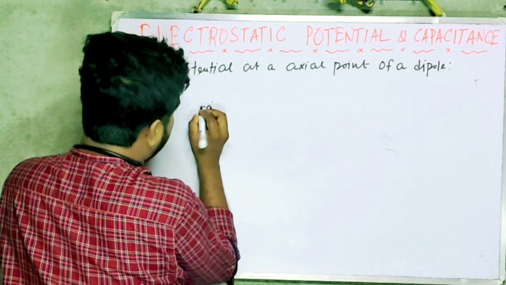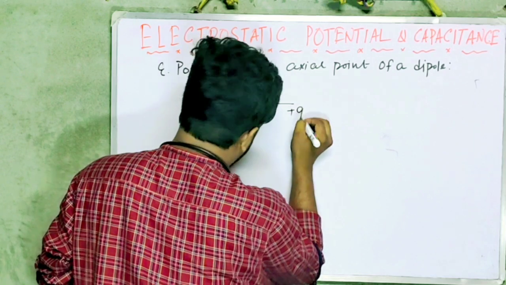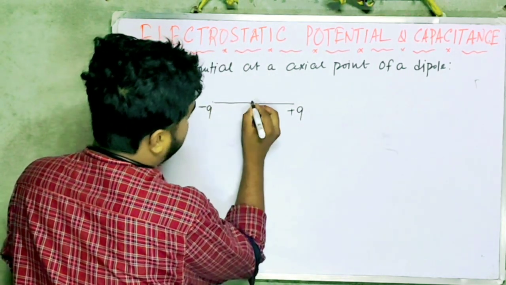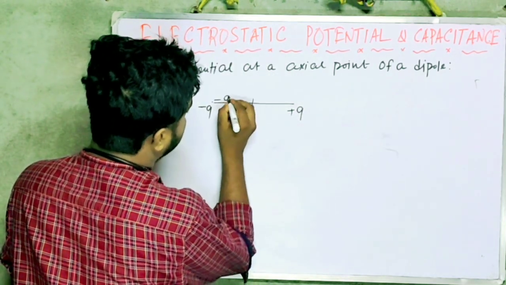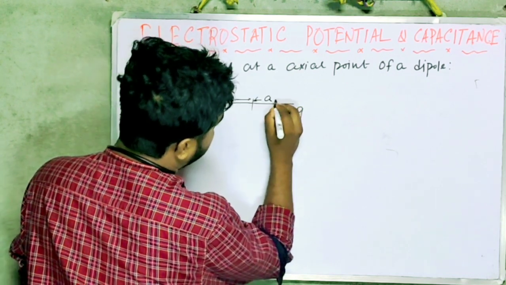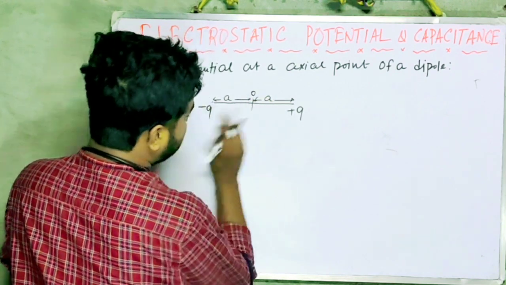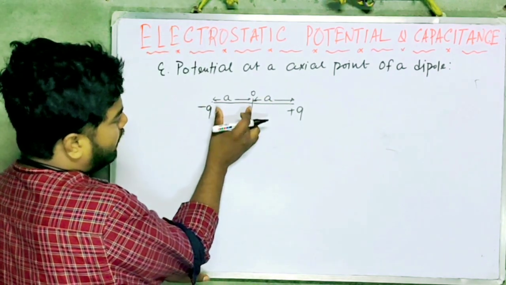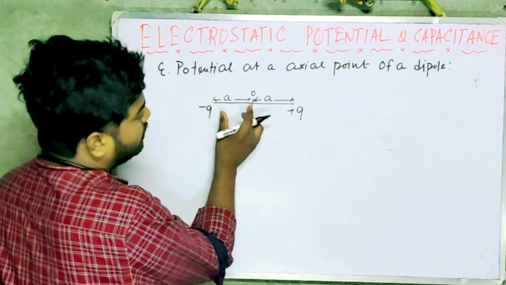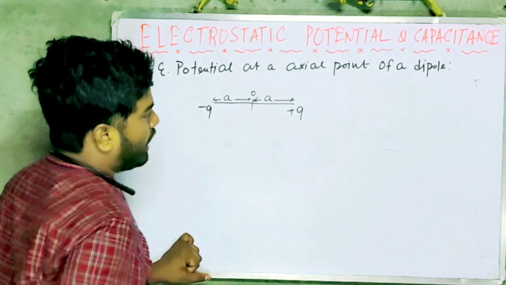Here equal and opposite charges, that is plus q and minus q, are separated with a small separation 2a. So they form an electric dipole. Their origin is O, and from origin O, minus q is at a separation a, and plus q is at a separation a.